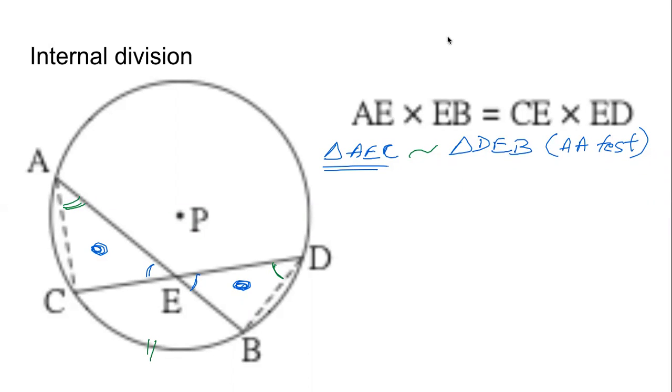The sides will be proportional. And when we are writing that proportionality relationship between them, let us focus on the sides that we are concerned with. We are concerned with AE, EB, CE, and ED. Okay, let us start from AE. If AE is the side that I pick up from the left-hand side triangle, what will be the corresponding side from the other triangle?